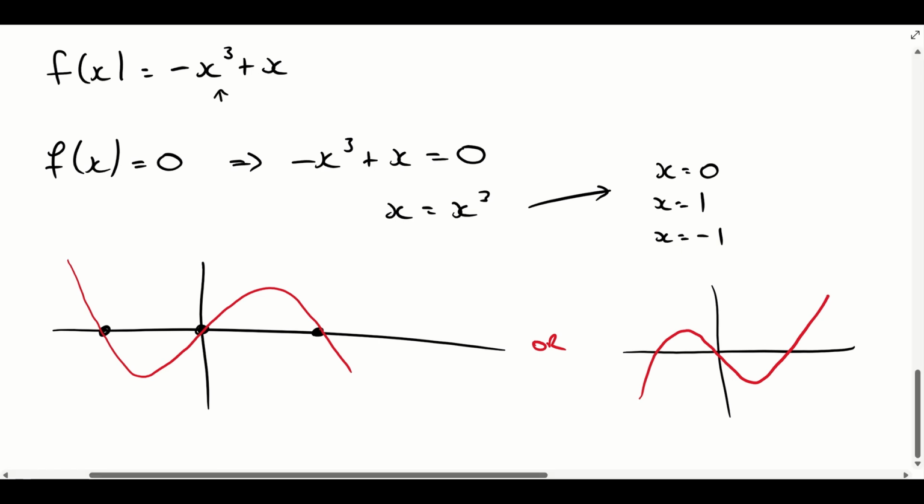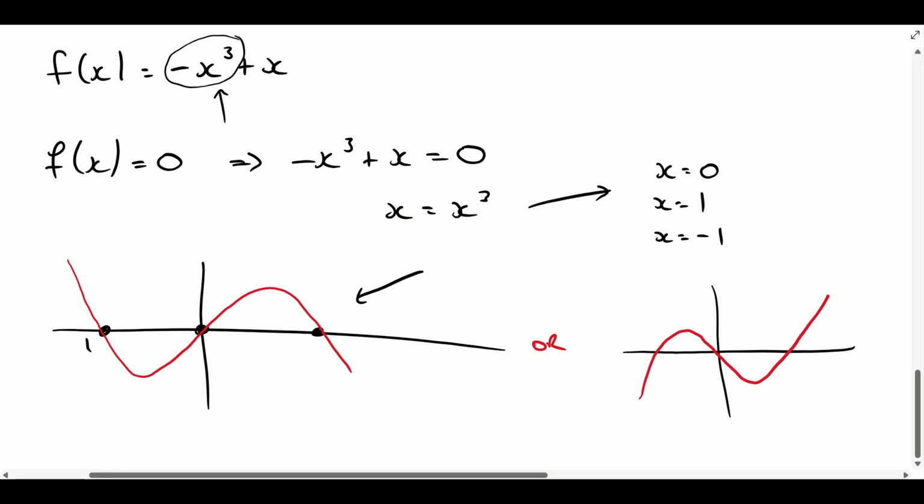So up here, when x gets really, really, really large, this term takes priority and I start to go really, really, really negative. So this one here would be the correct graph. It's not overly important, because when you do the definite integrals, you're going to get told which one it is anyway, based off which one gives you the positive area and which one gives you the negative area. But it's a good skill to be able to pick which situation we've got here.